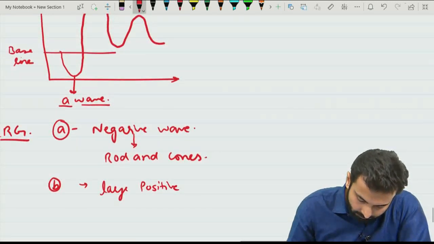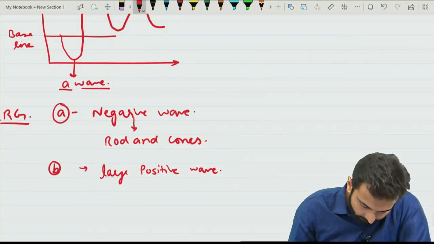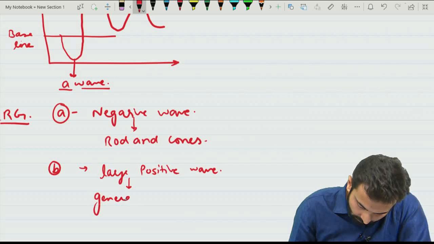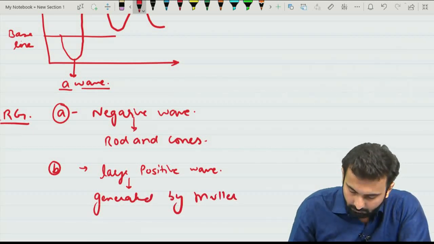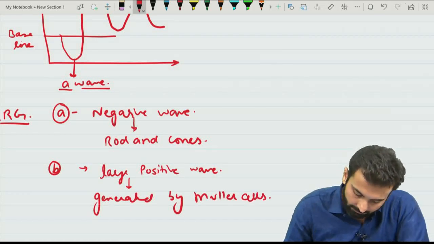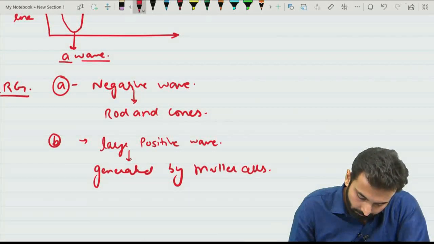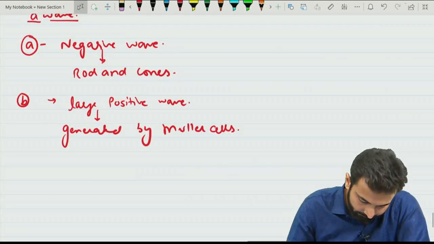B wave is the large positive wave, and it is generated by Mueller cells. It tells you about the activity of bipolar cells.